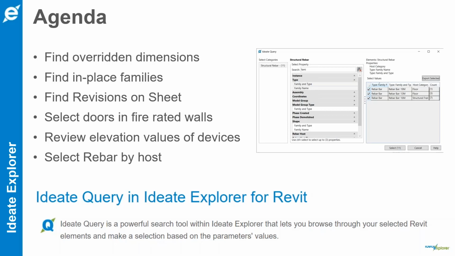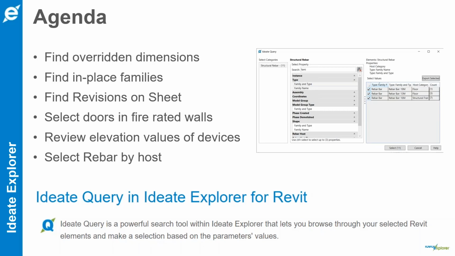Okay, so what I thought I'd do is go through some examples here of looking at Ideate Query in real-world situations, both general, but also showing architecture, MEP, and structure. So, we're going to find overridden dimensions. I'll show you an example of finding in-place families, show revisions on sheet.